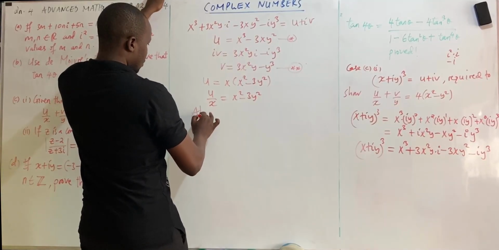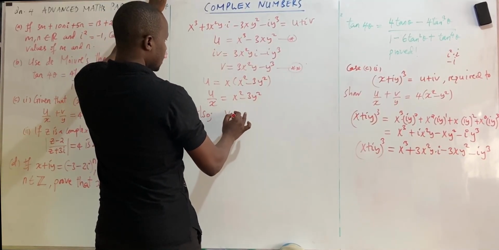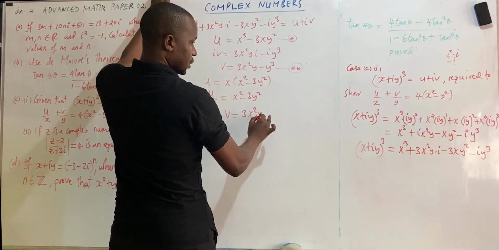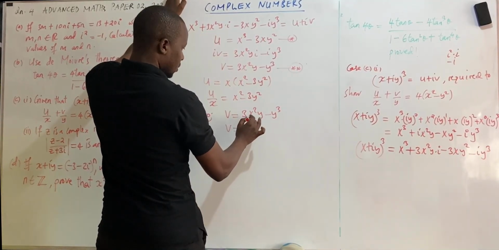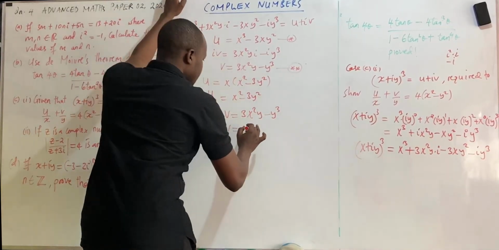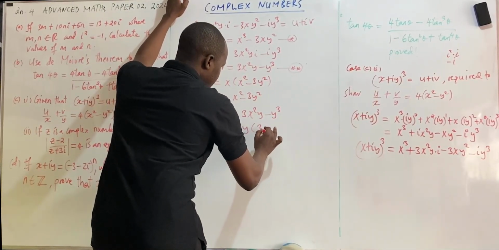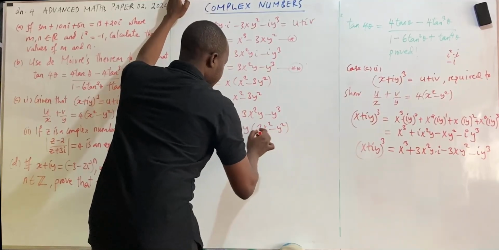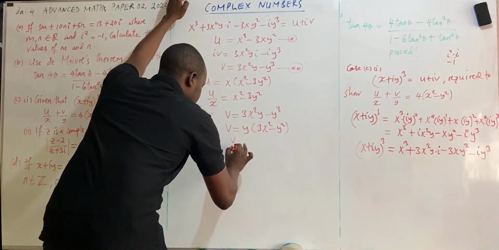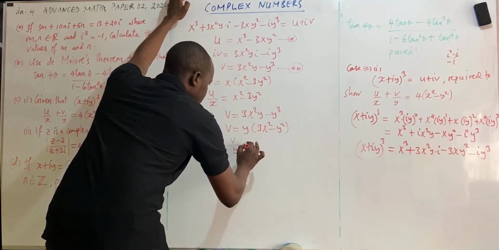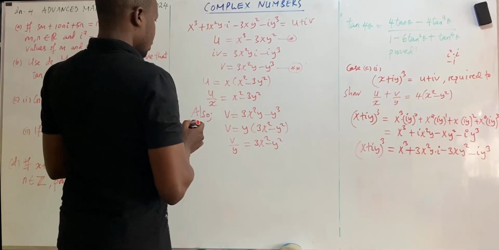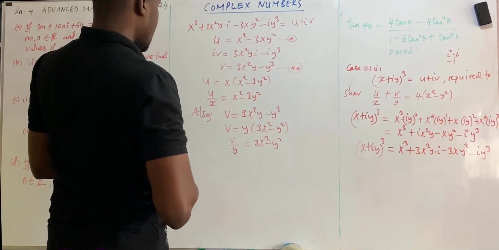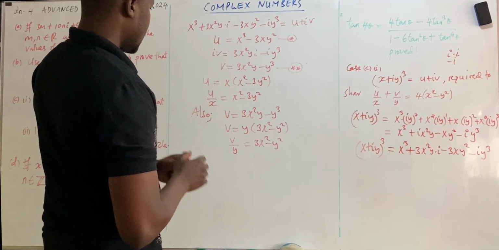We say v, which is 3x squared y minus y cubed. If we factor out y because it's common in every term, here becomes 3x squared minus y squared. So if we divide by y, we end up getting v over y equals 3x squared minus y squared. So from that point, now we have u over x and v over y.